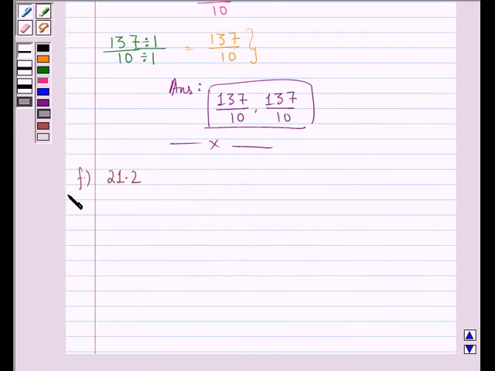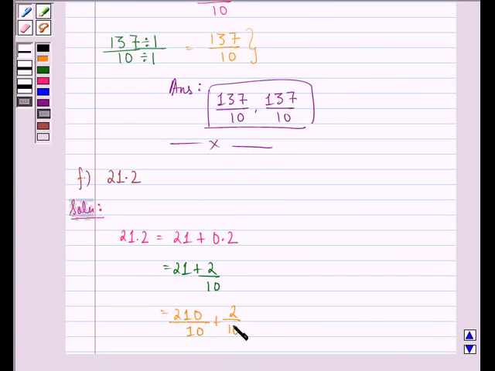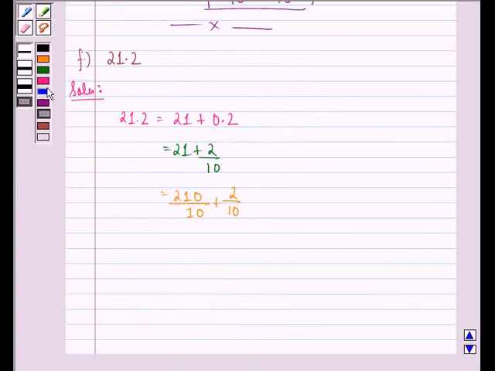Now let us see the F part of this question, that is 21.2. We see the solution to this one now. We see that 21.2 is same as 21 plus 0.2. 21 plus 0.2 is same as 21 plus 2 by 10, which is equal to 210 by 10 plus 2 by 10. This can be written further as 212 by 10.